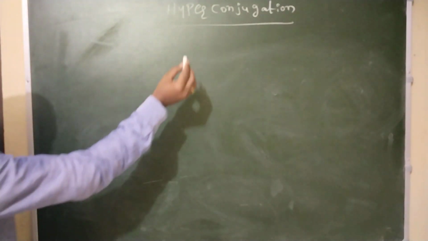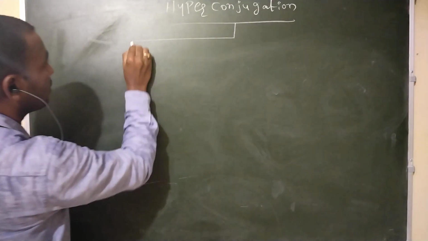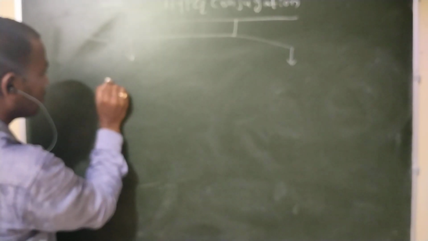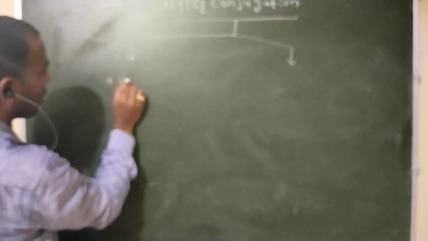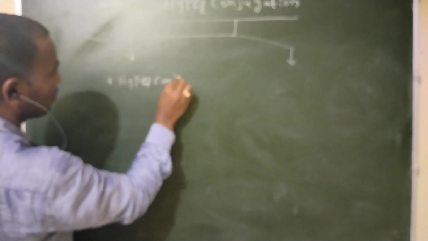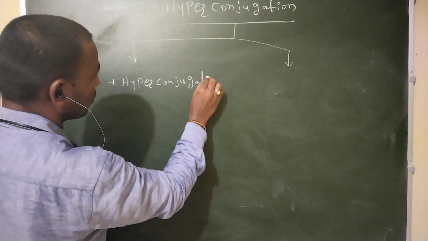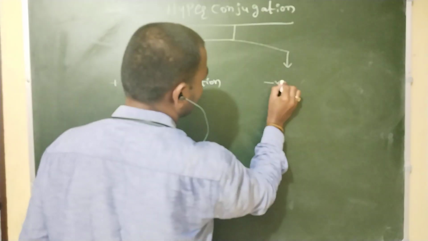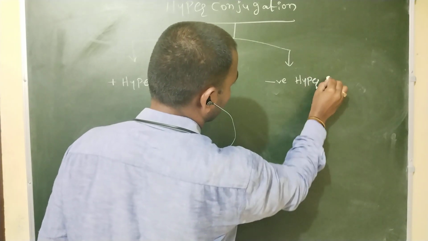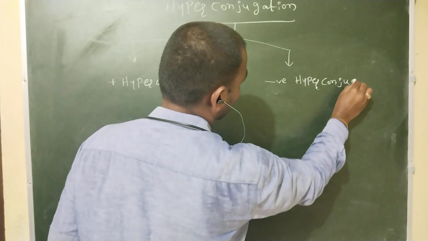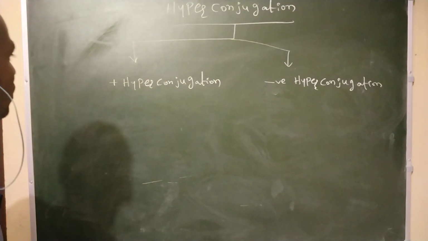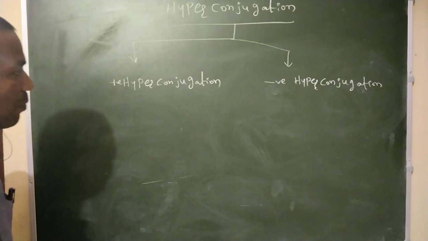Now, it is of two types: positive hyperconjugation and negative hyperconjugation.